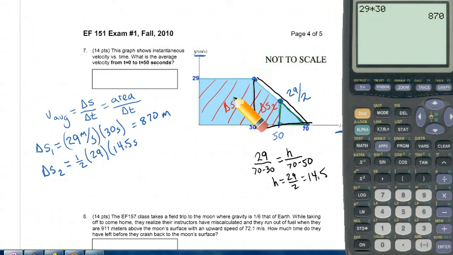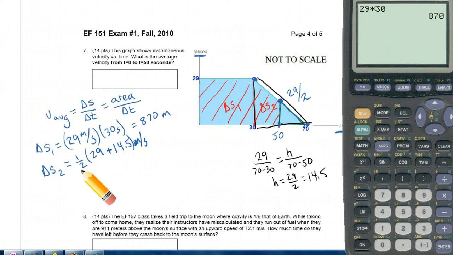Let's not get carried away here. It's 1/2. Where's my eraser? (29 plus 14.5) meters per second.